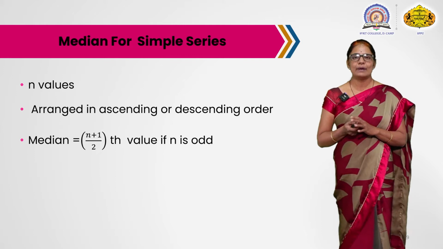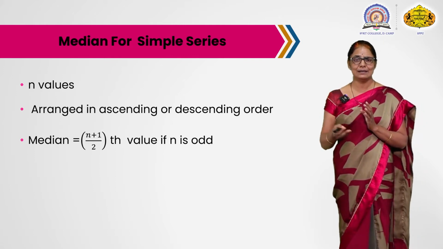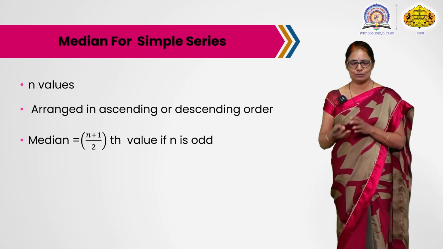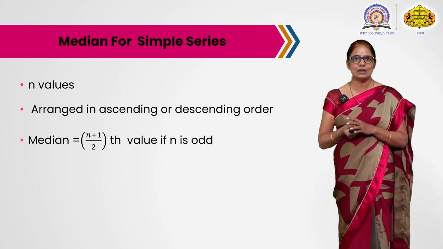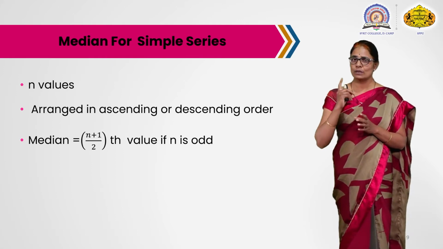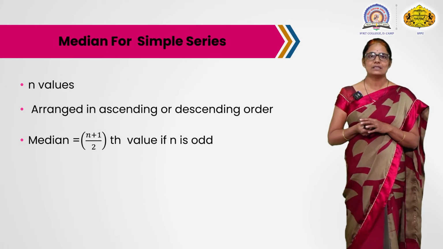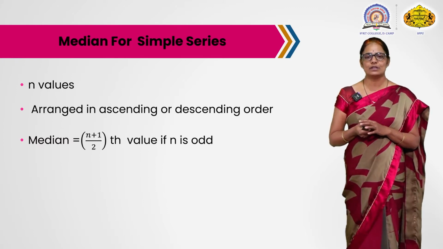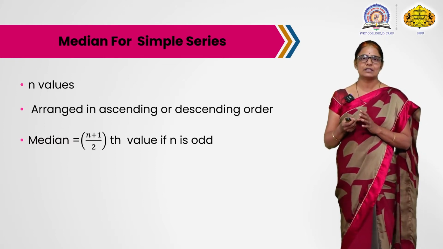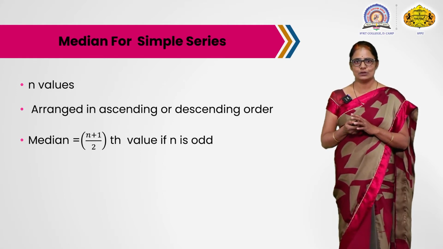Then if n is odd, so we know that if n is an integer, it is either odd or even, but not both. If n is odd, then the median is the middlemost observation, which is only one observation. So the median is defined as the (n plus 1)/2 th observation, or (n plus 1)/2 th value of the observation, if n is odd.